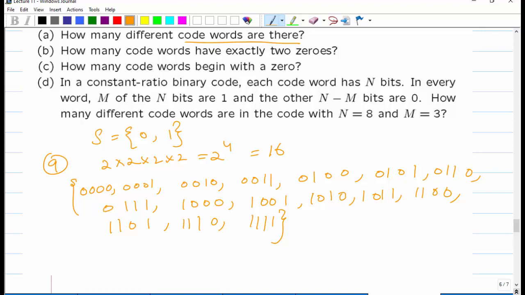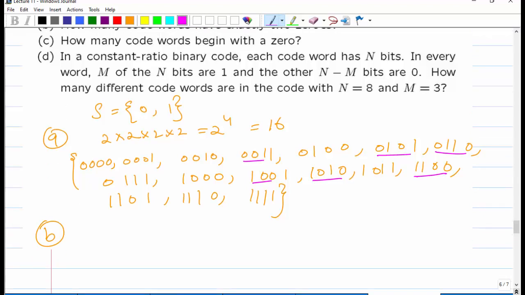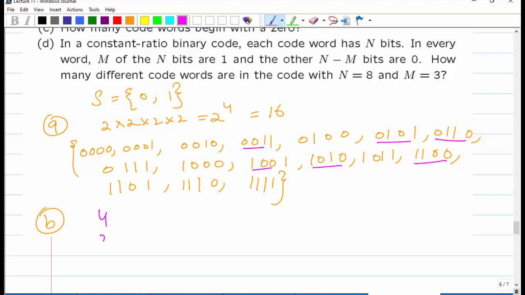The next part asks how many code words have exactly 2 zeros. So exactly 2 zeros, we will be having this one, this one, this one, this one, this one, this one. That's all. So we will have these 6 numbers with exactly 2 zeros. In other words, we can find out by using 4 choose 2.